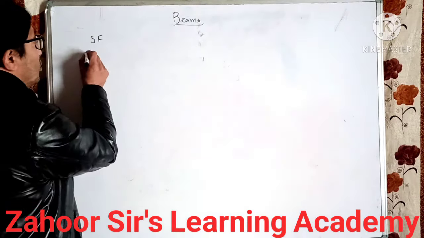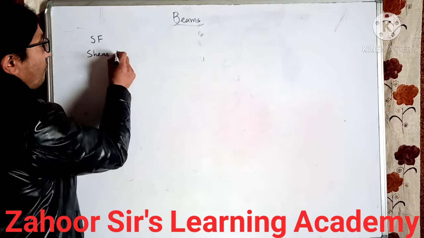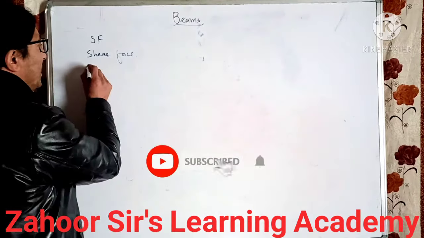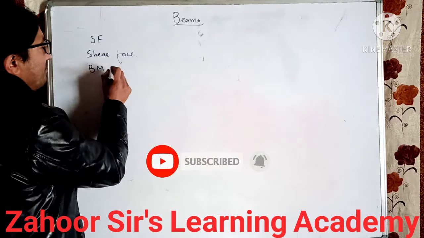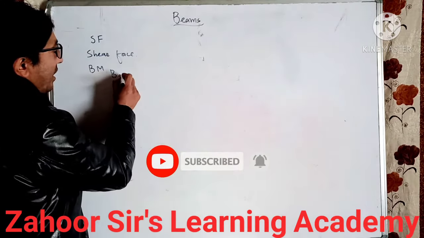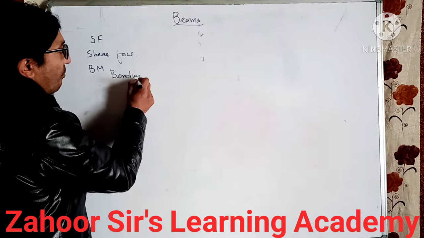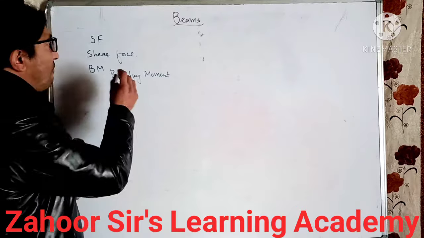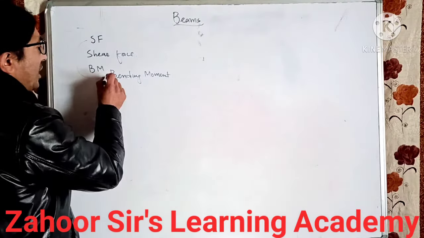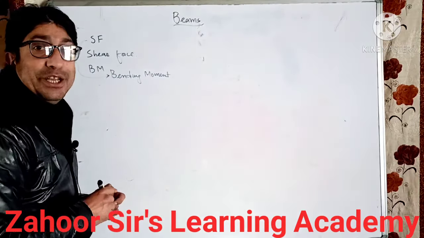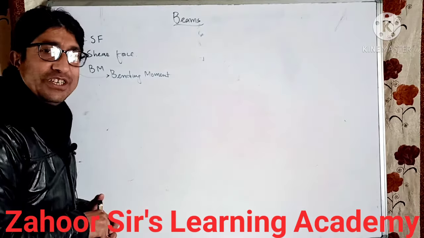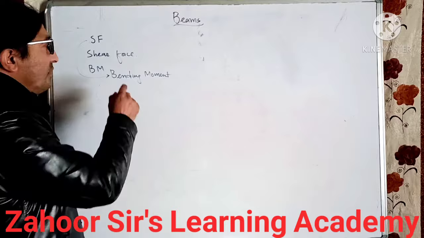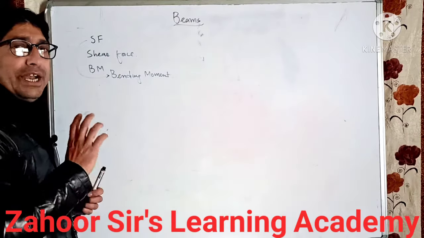SF stands for shear force, and it has been made to resist BM. BM stands for bending moment. So in this topic I will focus on only these two. Otherwise it has also been made to resist deflection, but this topic does not contain that. So I will focus on the shear force and the bending moment.